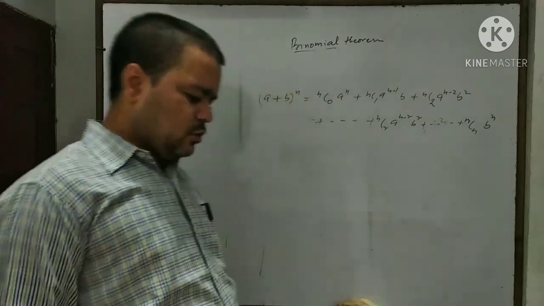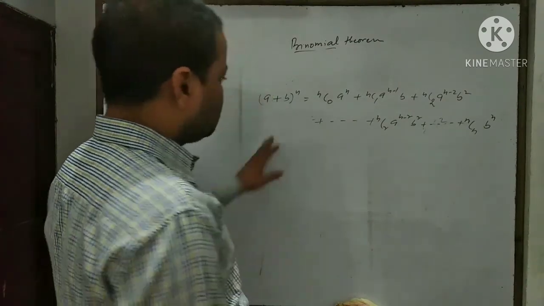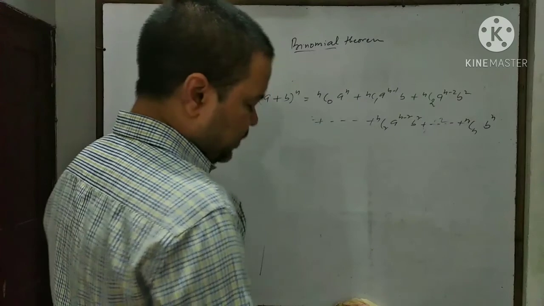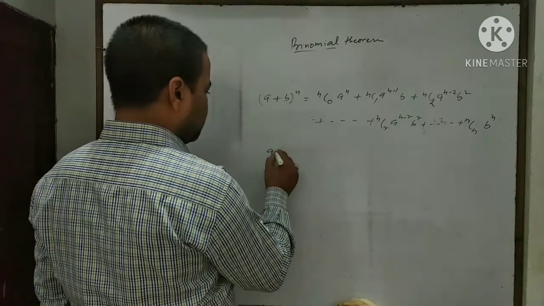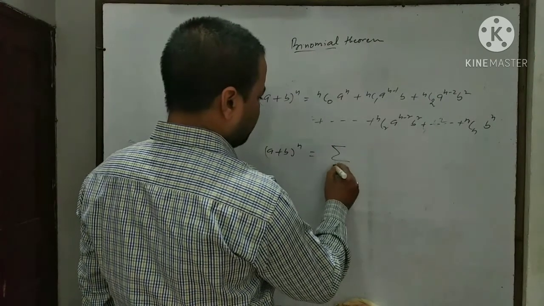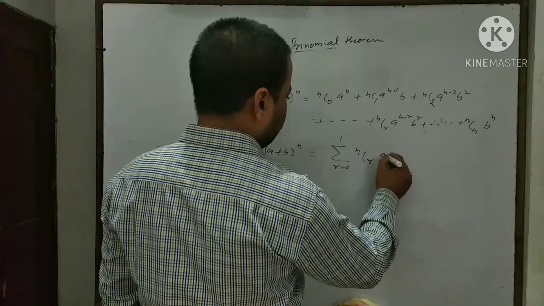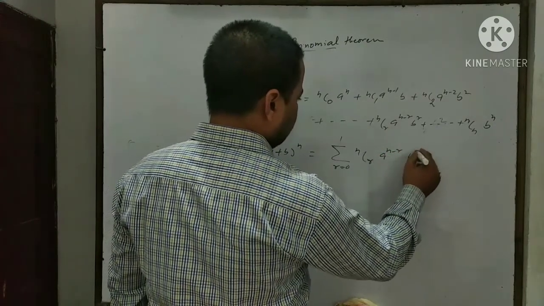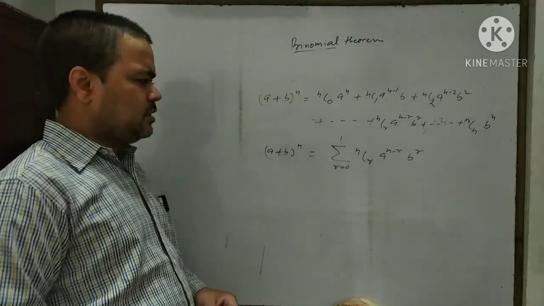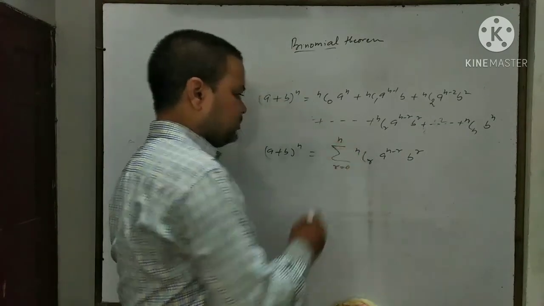Now if we want to write the general term of this binomial expansion, then we can write that (a + b) raised to the power n is equal to the sum from r = 0 to n of nCr a^(n-r) b^r.